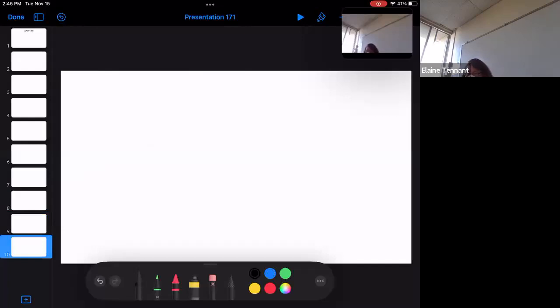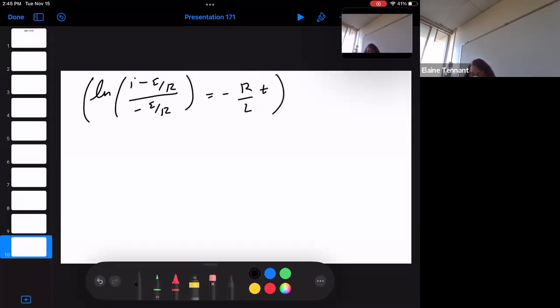Okay, so I have the natural log of I minus that over negative that, equal to this. How are we getting rid of that natural log? Little e, excellent.